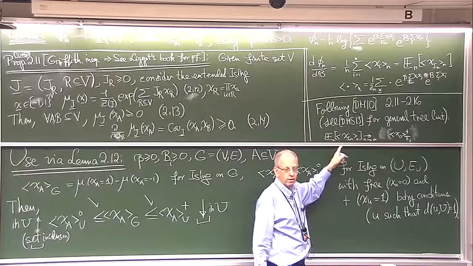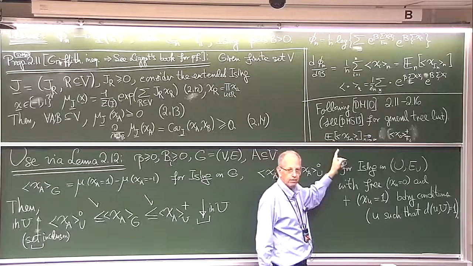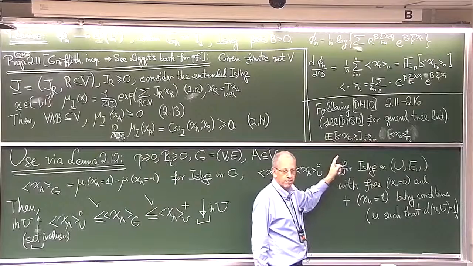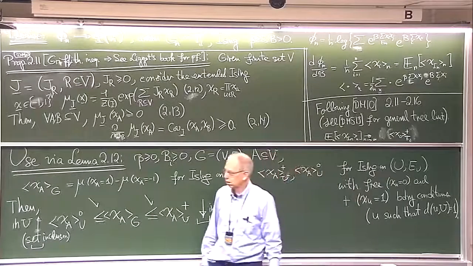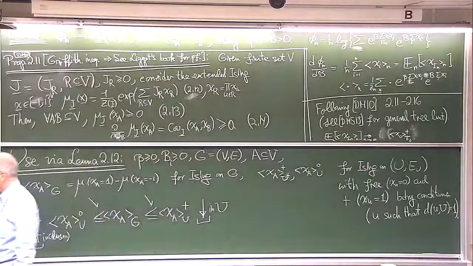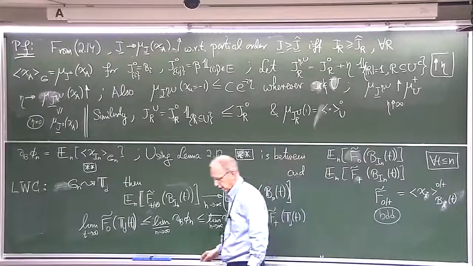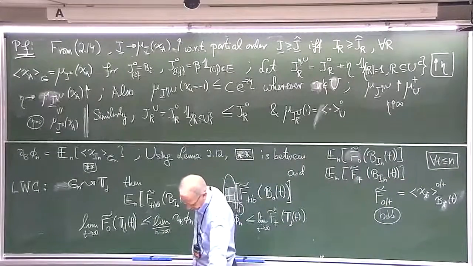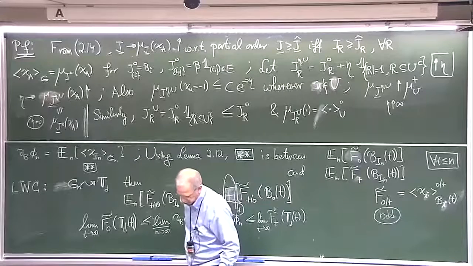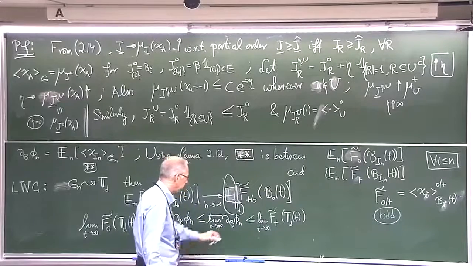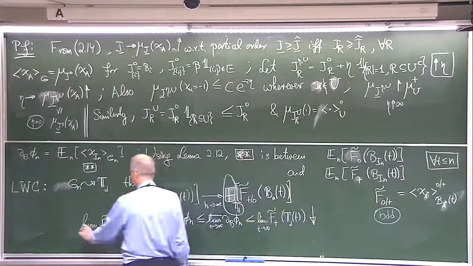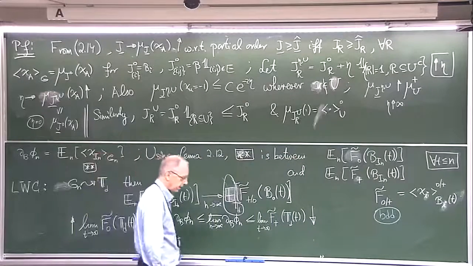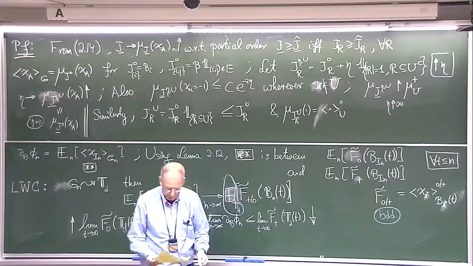It's a bounded function for a regular tree, but it may be unbounded if the degree is unbounded, but it's a function which has uniform integrability. Hence, you can do that. That's why we want to do it. If you wanted just to do this case, you don't even need the uniform integrability. Okay, so we also know that these limits exist, because we know that this goes down and this goes up, which is why I didn't bother to write limits. And now we need to show that they are the same.